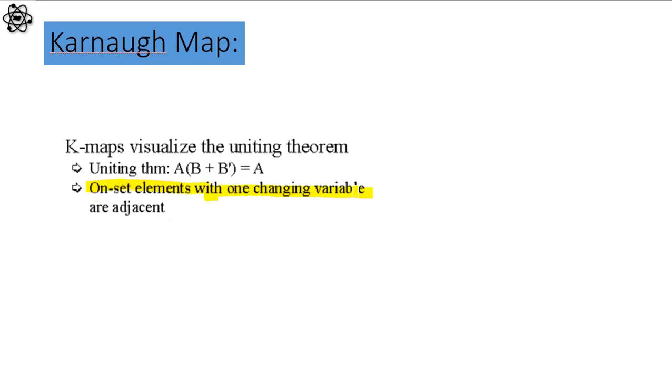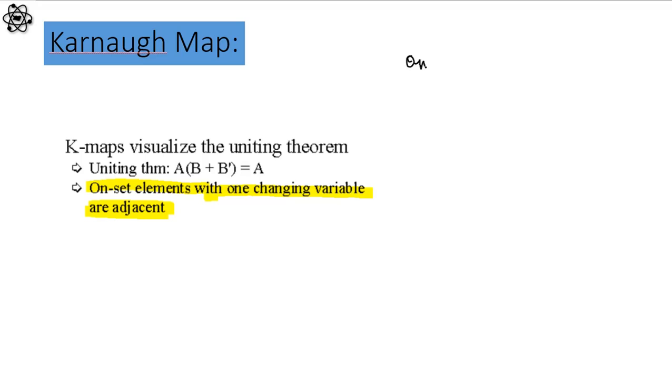A very important concept in the Karnaugh map is that we make use of the different blocks in the Karnaugh map, and these blocks will have a change by one variable. That is, the adjacent blocks will differ by one variable.